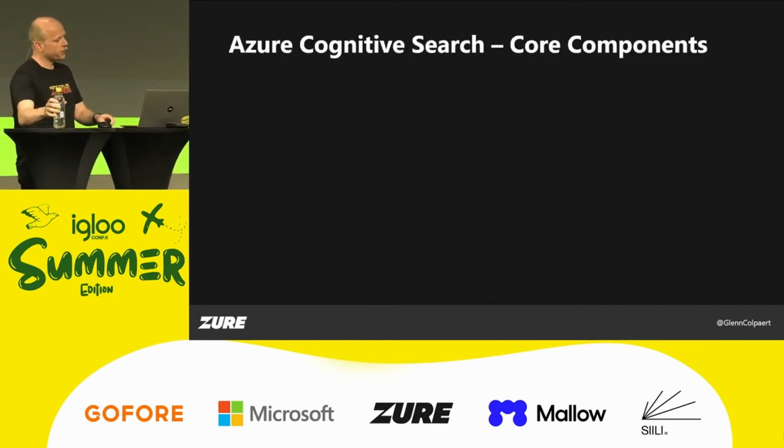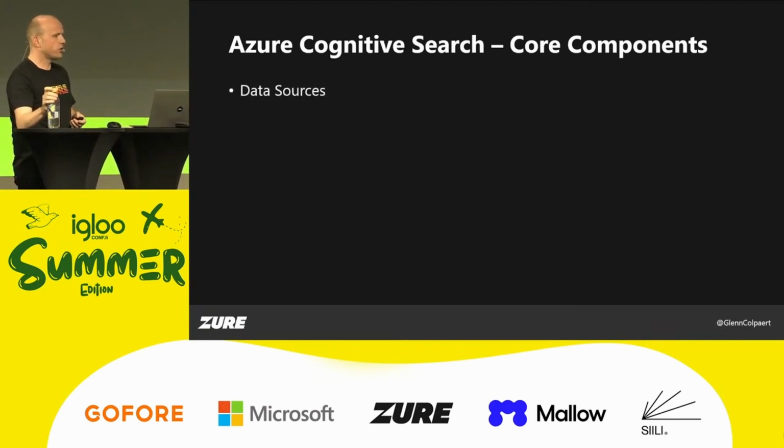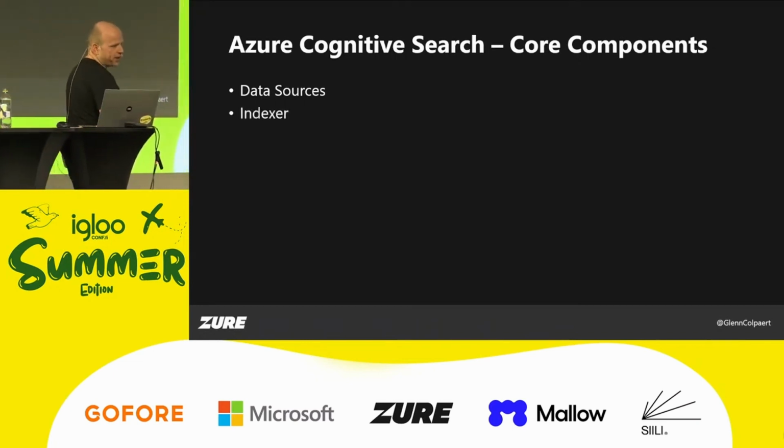So cognitive search has a couple of core components. First of all, there are the data sources. It allows you to connect to certain data sources, such as blob storage, CosmosDB, and so on. And then there's the indexer.